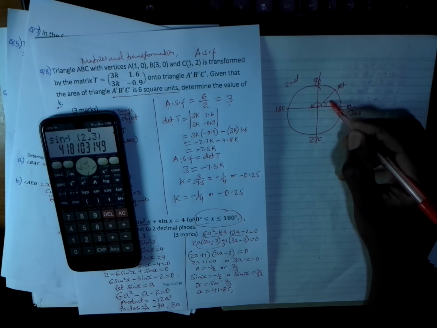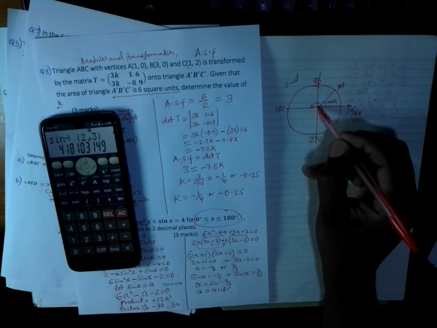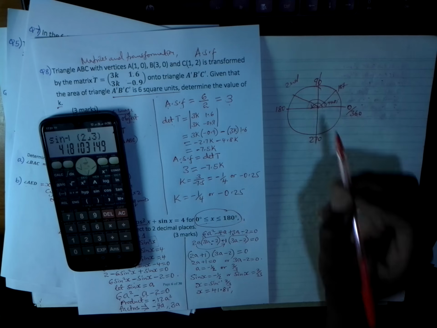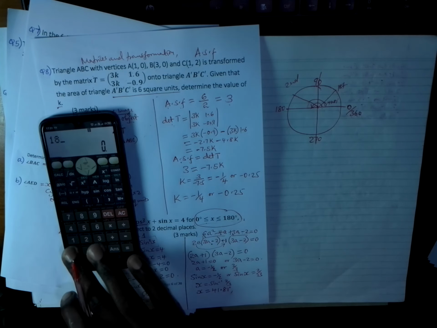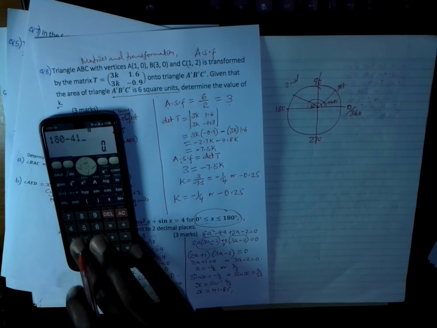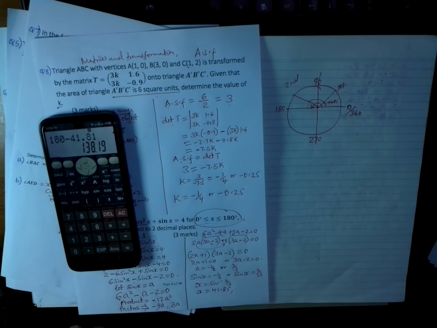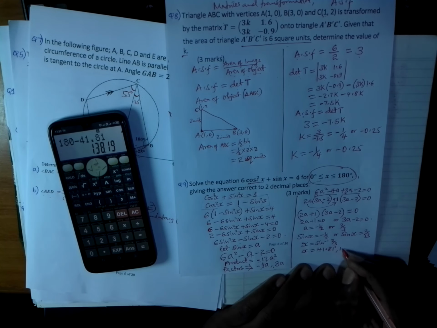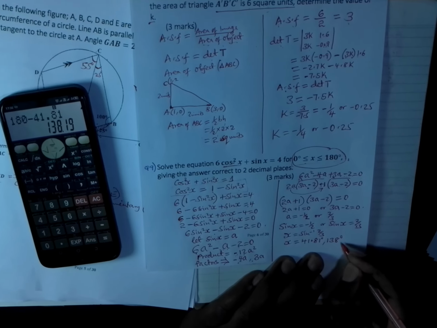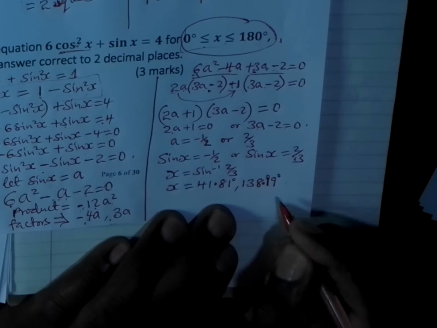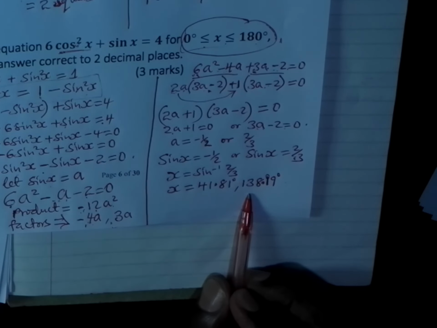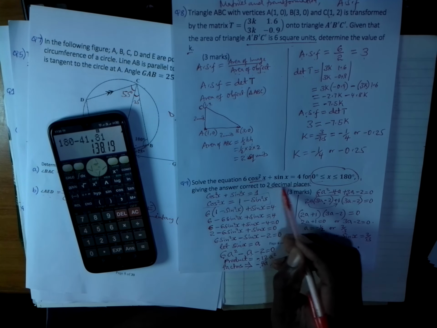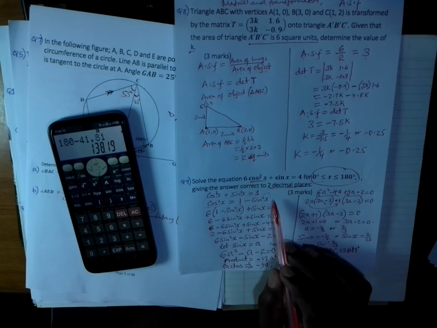In the second quadrant also, we need the angle. The acute angle will be the same, and therefore it will be 180 minus 41.81. So in the second quadrant, the angle is 138.19 degrees. And that is the value of x, correct to 2 decimal places as the question has instructed.